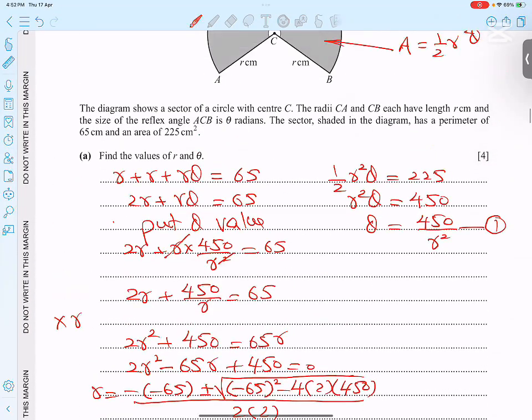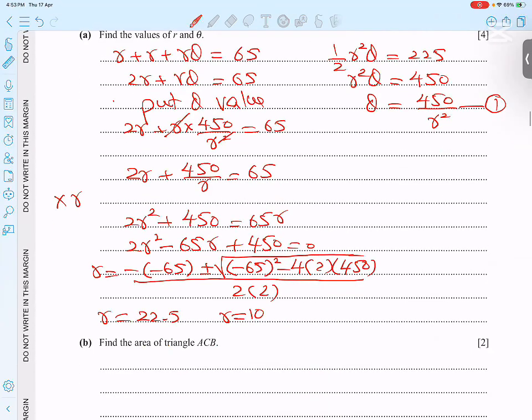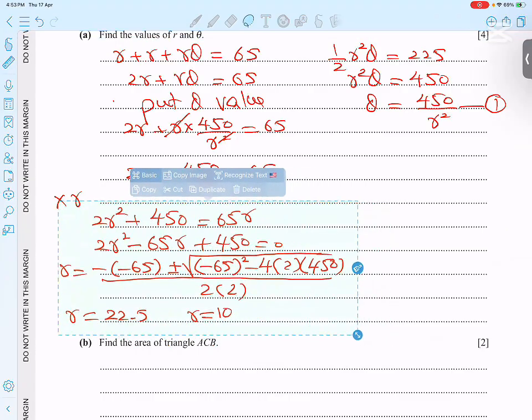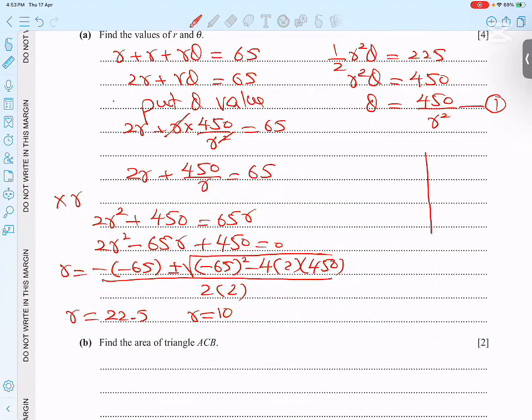And what he was asking was the values of R. But the game is not finished. We have to go for theta as well. So how to get theta? Obviously, I will plug in both values one by one in equation number one. If R is equal to 10 and if R is equal to 22.5, when I plug in here, for 10 it is giving me 450 divided by 10 squared, which is 4.5.